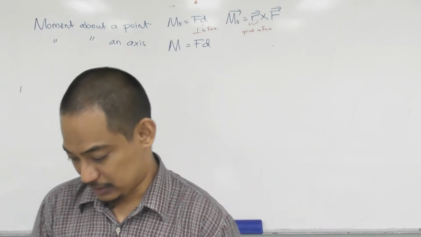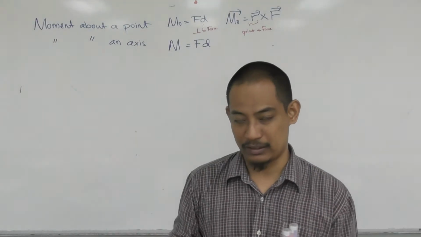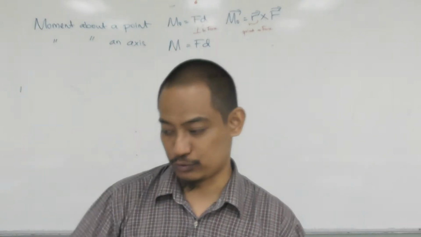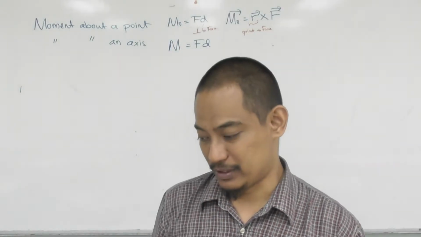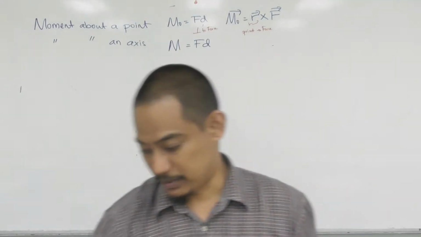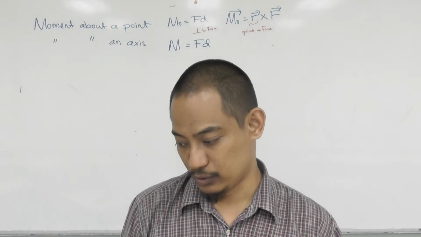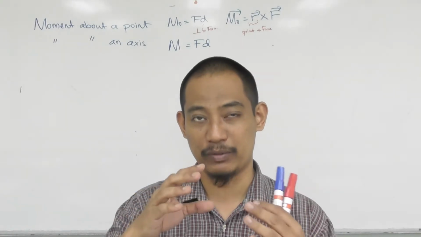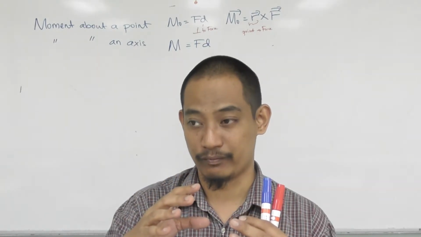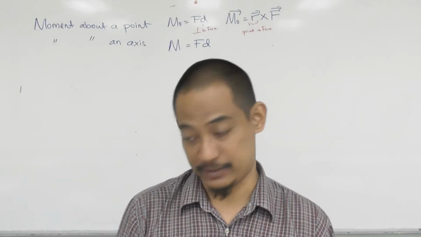In terms of vector analysis, if you go to the derivation, the moment about a point we already established. But if you want a certain axis only, it will be the moment about the point dot with the unit vector of that axis.